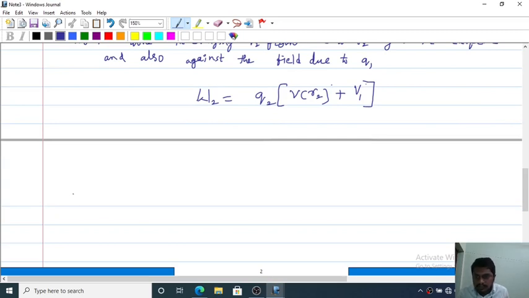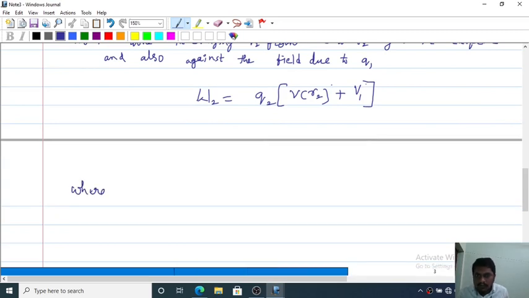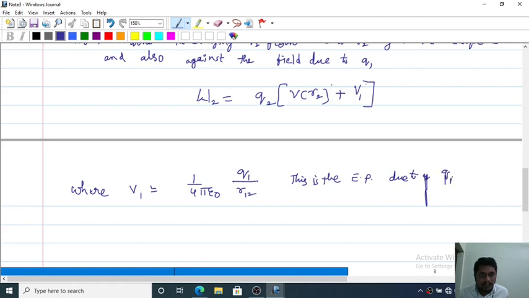So just to substitute the values, first I will write V1 equals 1 by 4 pi epsilon naught Q1 by R12. This is the electric potential due to Q1 at R12 distance.